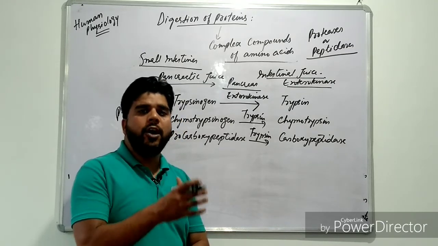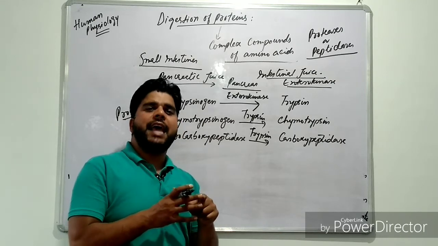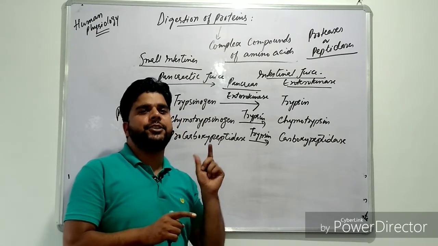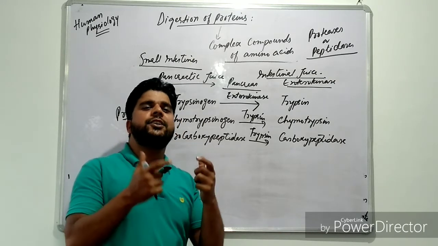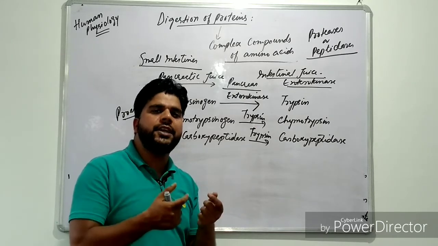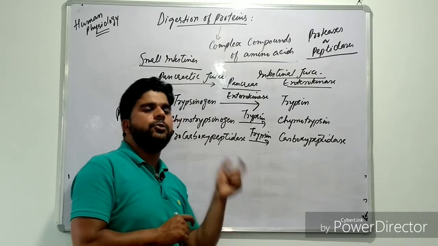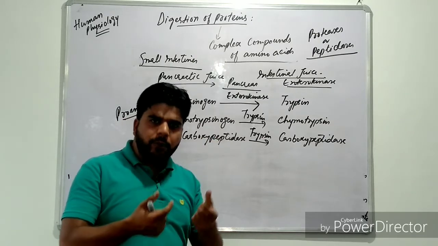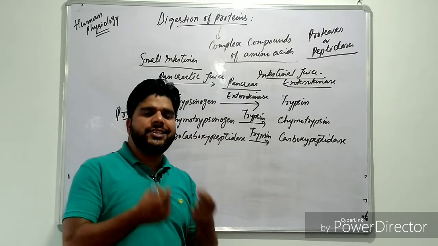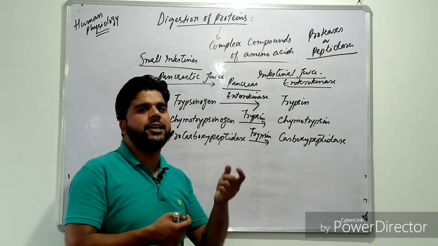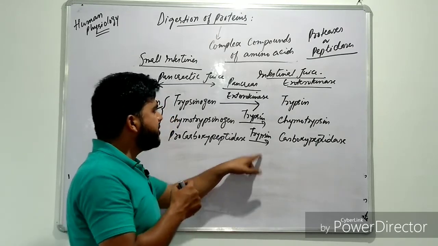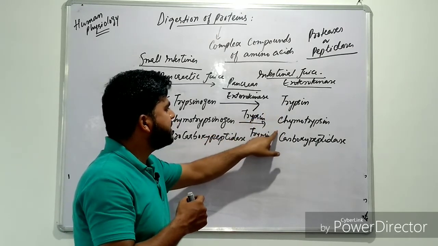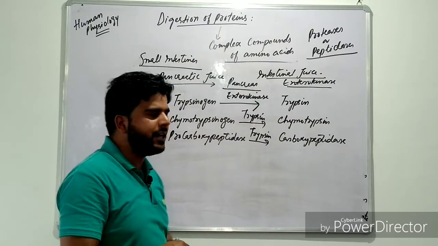But not all proteins have been converted into large peptides in the stomach. Only a certain proportion has been converted, and there is a lot more which is still not converted. We shall see how exactly these three enzymes carry out their reaction.